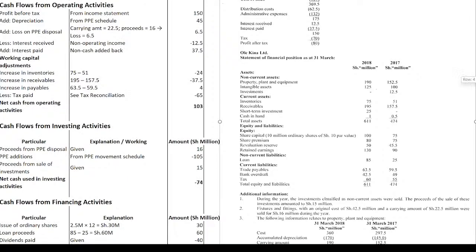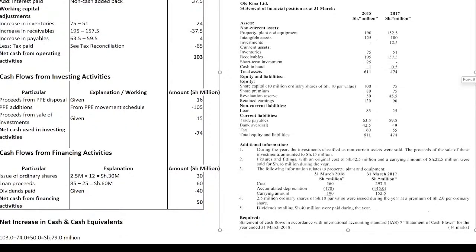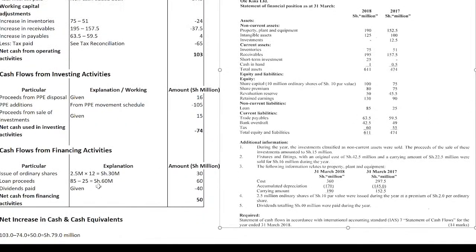Then you go to the financing activity. So this is all about the equity. So the issue of ordinary shares, we have been told that 2.5 million ordinary shares of 10 shilling par value were issued during the year, and a premium of 2 per ordinary share.